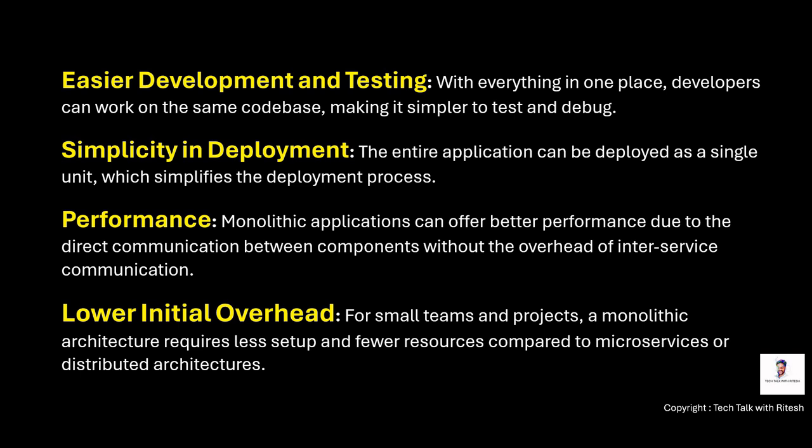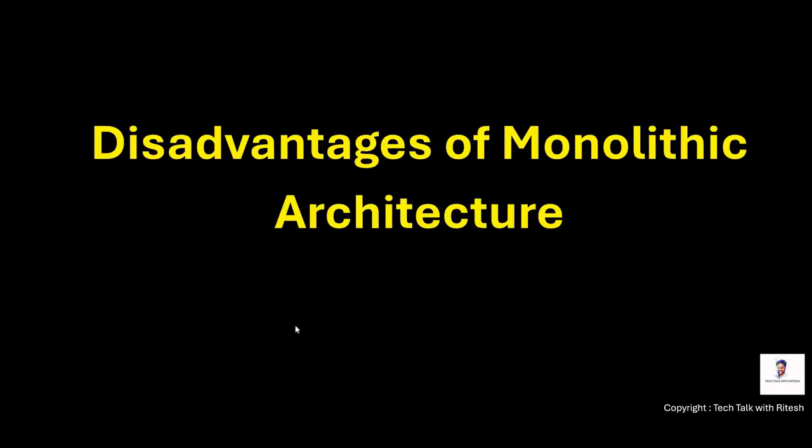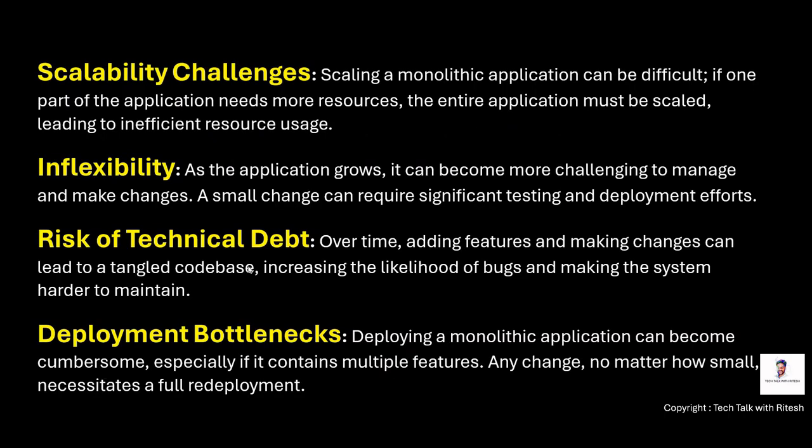Now let's understand the disadvantages of monolithic architecture. We already have that in our mind. What can be the issues with monolithic architecture? First is scalability challenge. Scaling a monolithic application can be difficult. If one part of the application needs more resources, the entire application must be scaled, leading to inefficient resource usage.